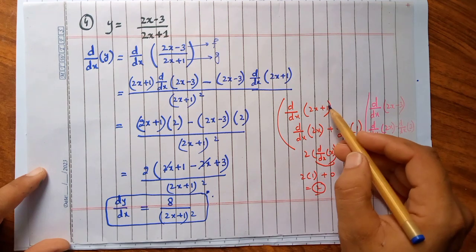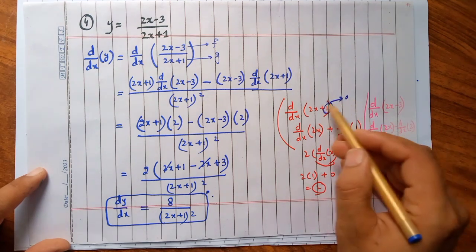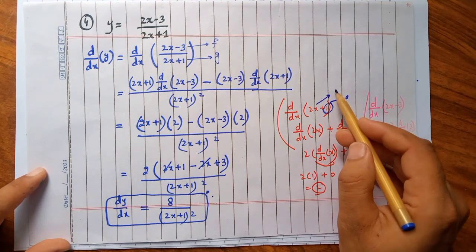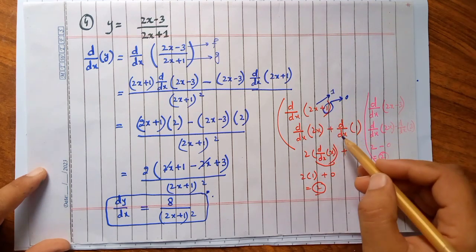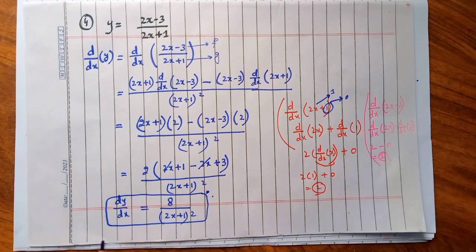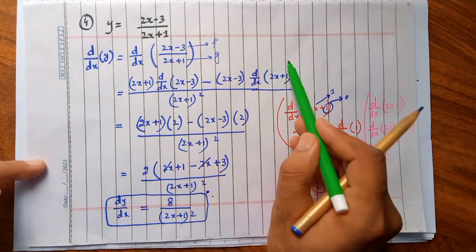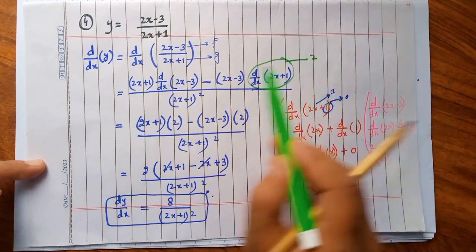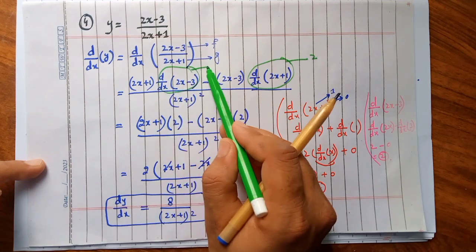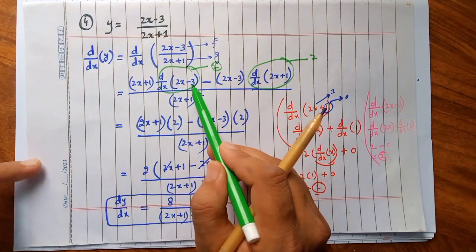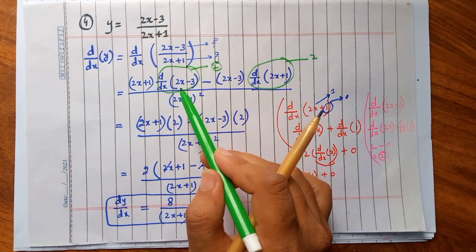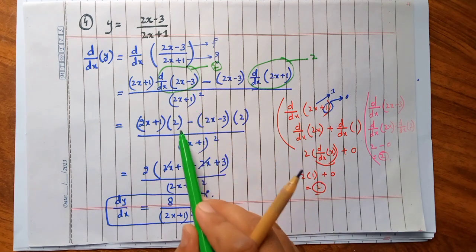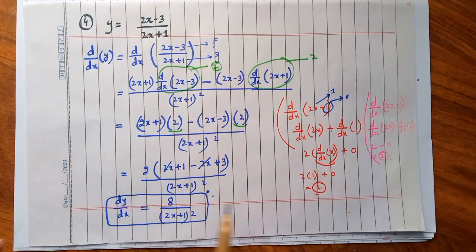So the derivative of a constant is equal to 0, the derivative of x is equal to 1, so 1 will be multiplied with 2, so the derivative of this whole value will be equal to 2, and similarly the derivative of this value will be equal to 2 because the derivative of a constant is 0 and the derivative of x is equal to 1, so 2 multiplied by 1 will be equal to 2. So this is a derivative and this is a derivative also.